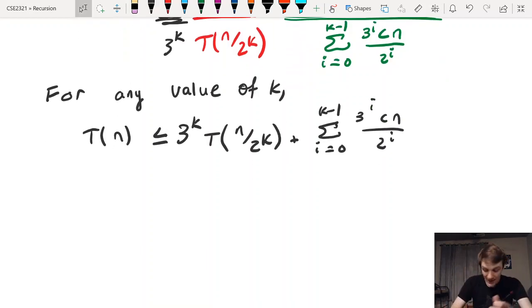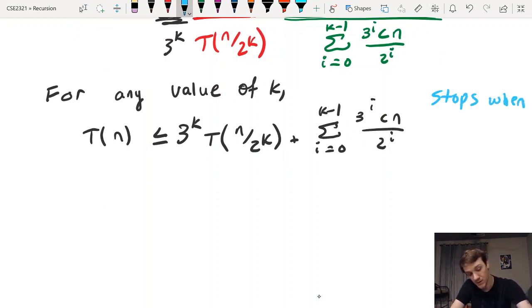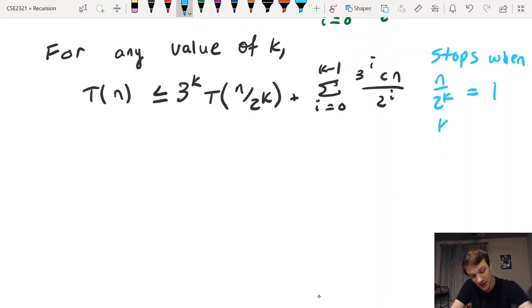We then again must identify when this stops. So this stops when the inside, n over 2 to the k, is equal to the base case, which we might remember was 1. Let's solve that for k. That gives us k equals log base 2 of n, and then substitute it into the equation.